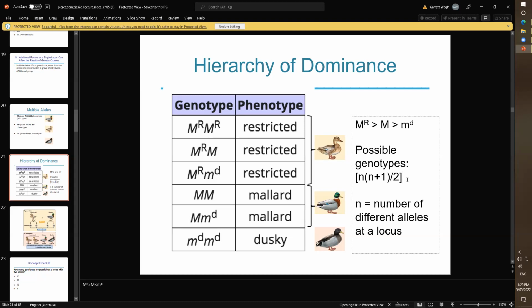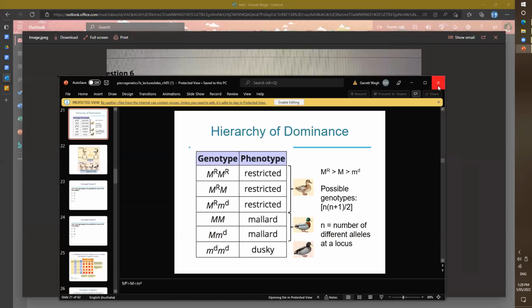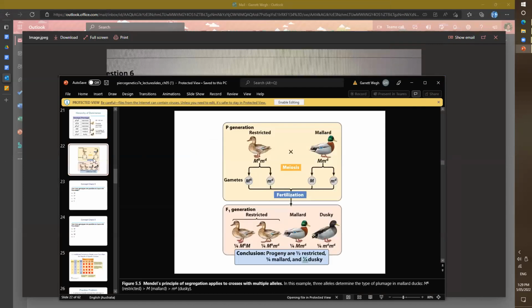So n plus 1... I'm not going to try to make sense of this, but this is the equation. Yeah, and you can find it in chapter 5 at the beginning. Sorry that we don't know more about it. So progeny are half restricted, 1/4 mallard and 1/4 dusky.